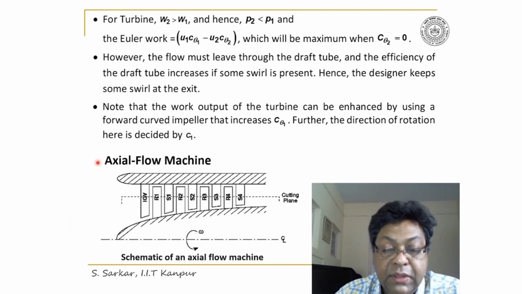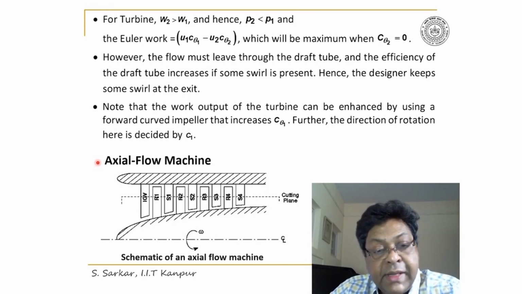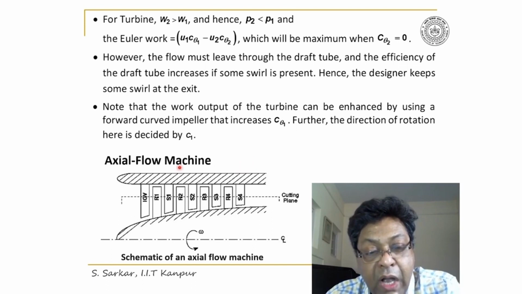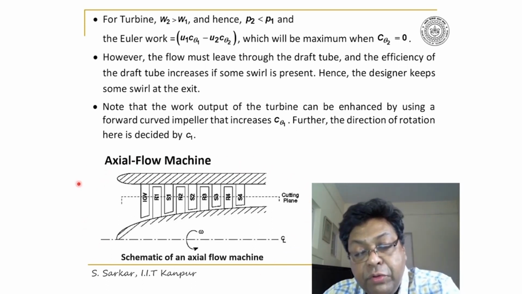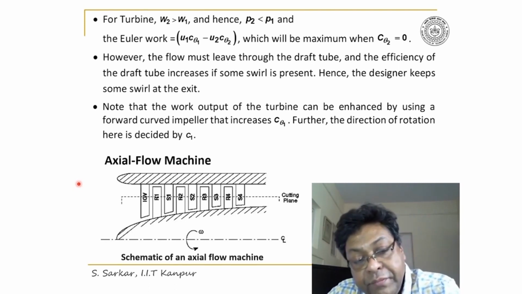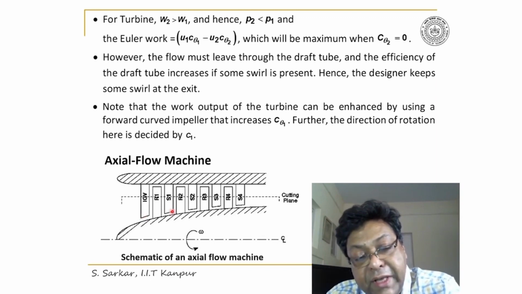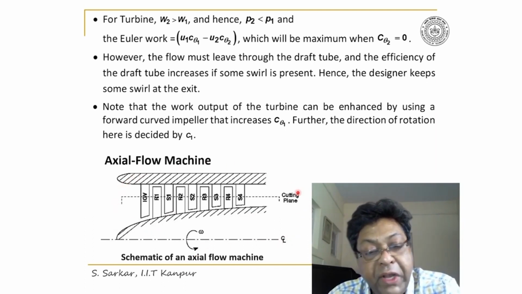Now I'll go to the axial flow machines. I have shown you a sketch of an axial flow machine indicating several stages, and as I have drawn the picture, this is an axial flow compressor.